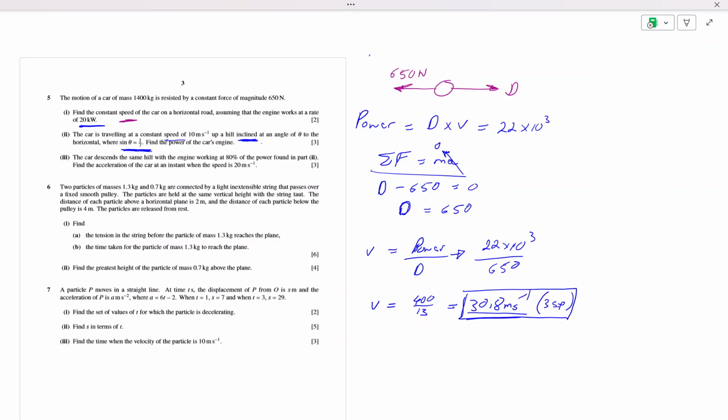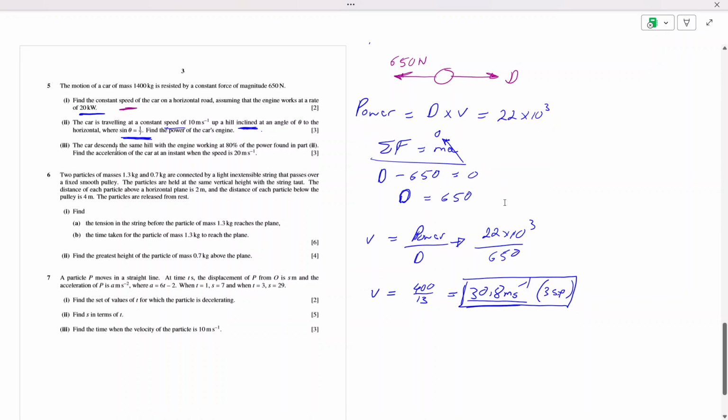Whenever we get one trig ratio, that means we will have all the other trig ratios, because we just use a triangle and then use the Pythagoras theorem to find the other side that we don't have. And then once we have that, we now have cos, tan, and sine, right? Okay. So it says find the power of the car's engine. Okay.